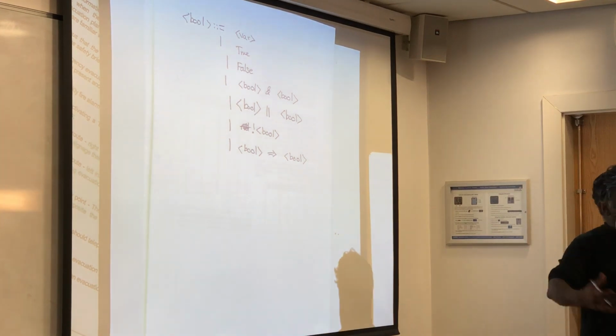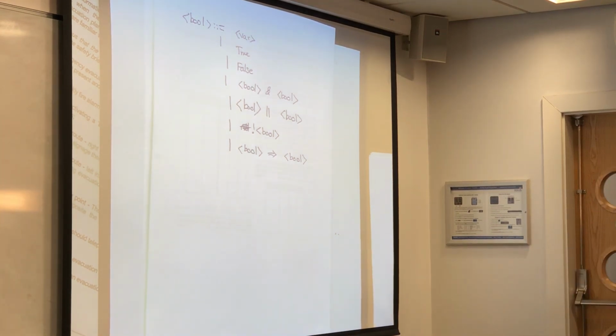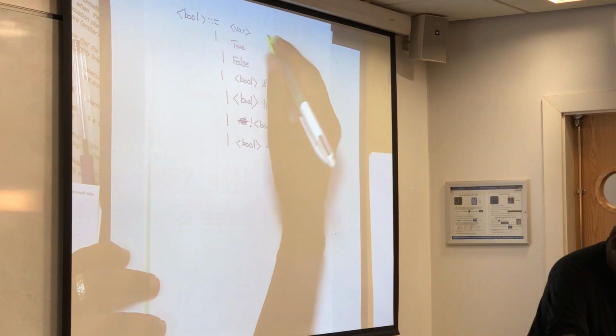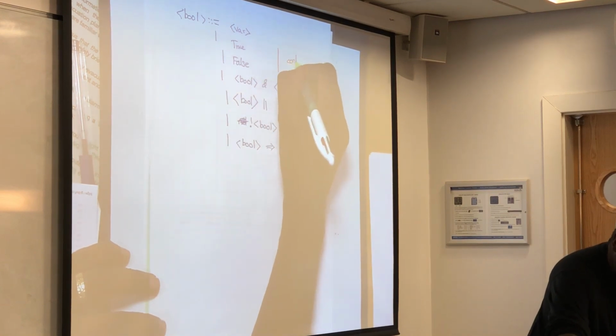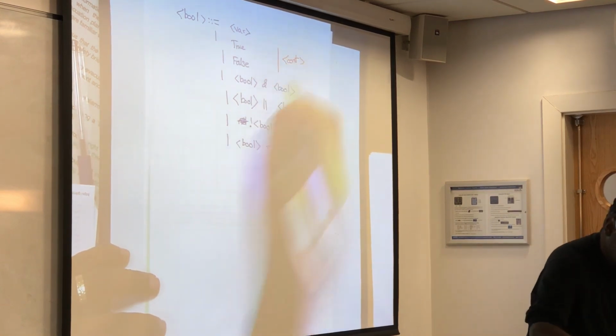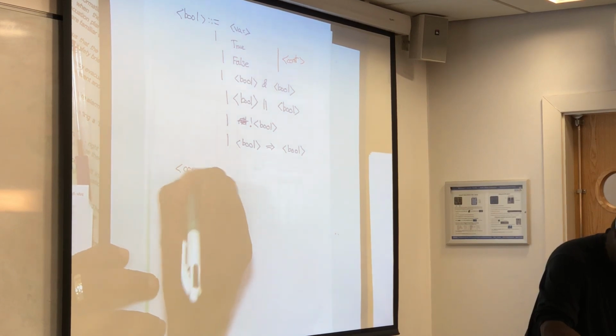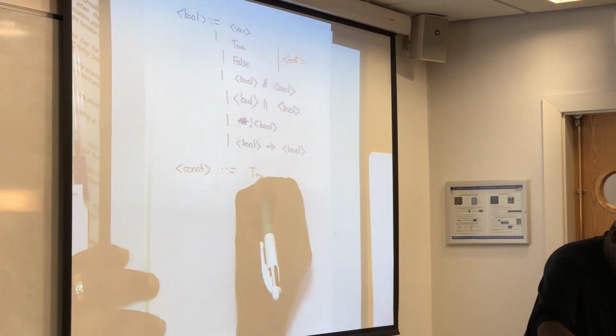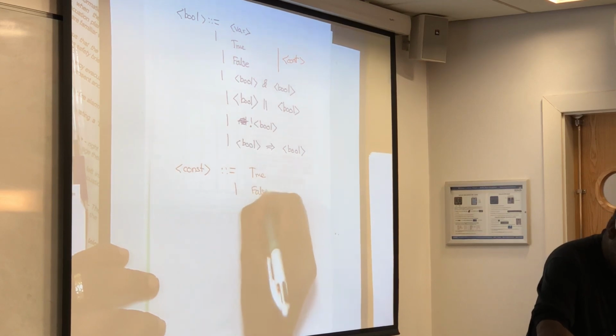So remember, in all of this programming and language design and implementation, there are choices. If there weren't choices, there'd be one language. So yes, of course, what you could have done instead here is written const as a separate grammar, and then what is a const? It is either true or false.